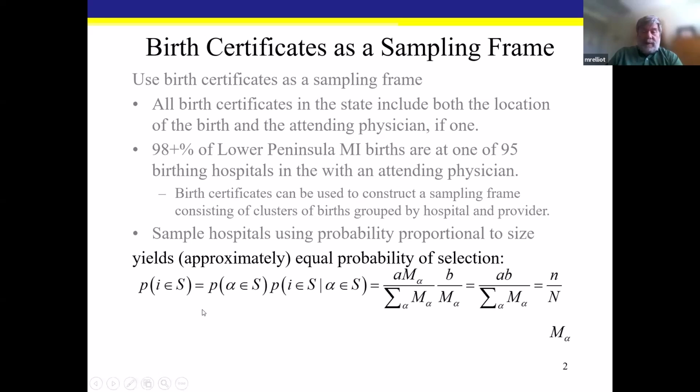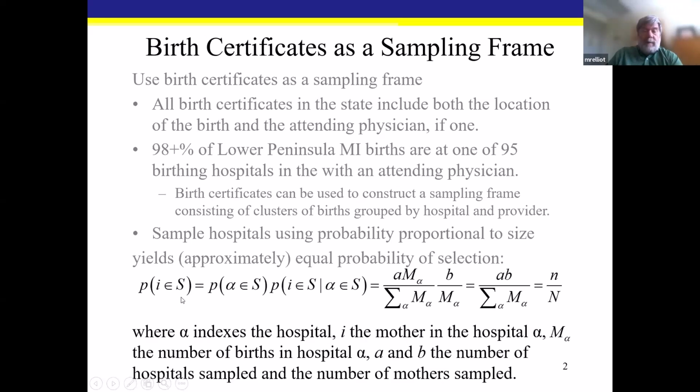Again, I don't want to spend too much time on the math here, but if we think of S as the set of all births that happen in the Lower Peninsula birthing hospitals, which is pretty close to just births in Michigan, then the probability of an individual birth being sampled is the probability of the hospital they're giving birth in being sampled, times the probability of an individual birth in that hospital being sampled, given that the birth was in the hospital.